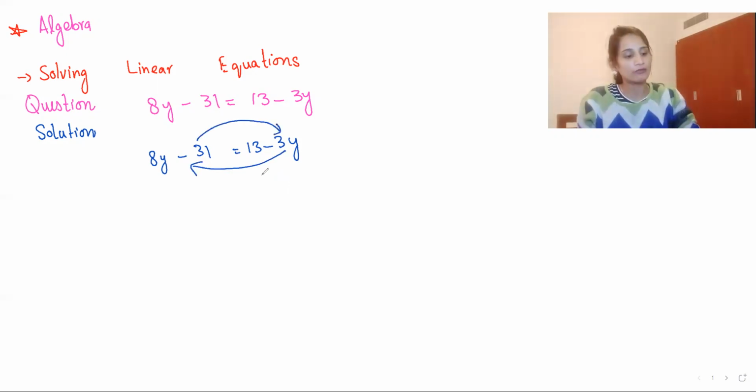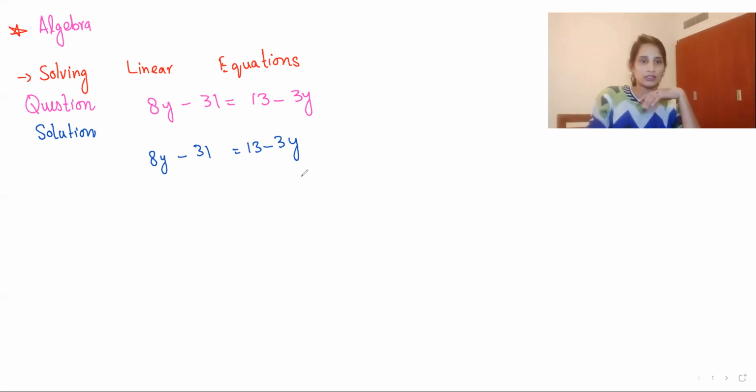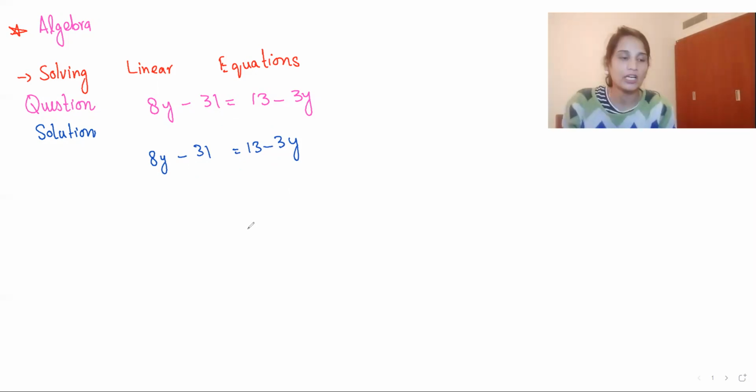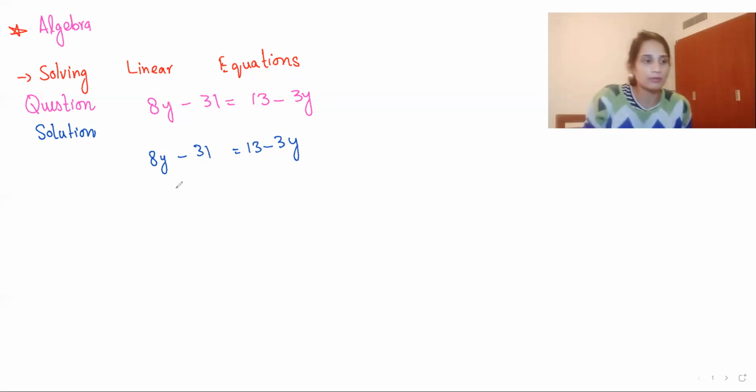We know that when we take values from one side of the equality to the other side, we change the sign, like minus with plus and plus with minus. So 8y minus 3y, when it comes on the left hand side, becomes plus 3y. And this minus 31, when it goes on the other side, becomes plus 31.